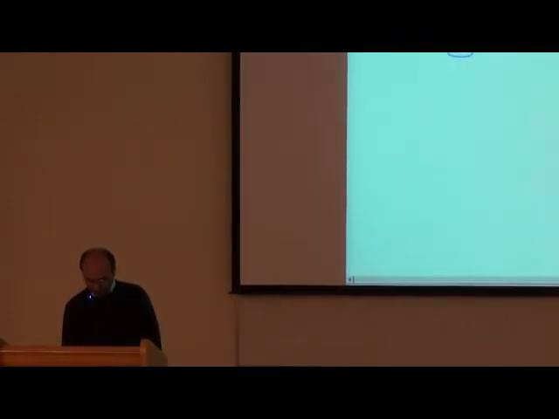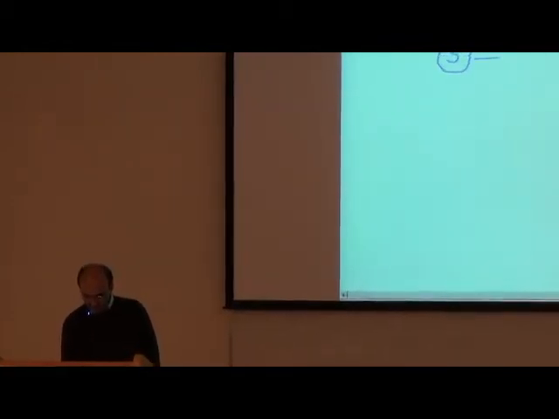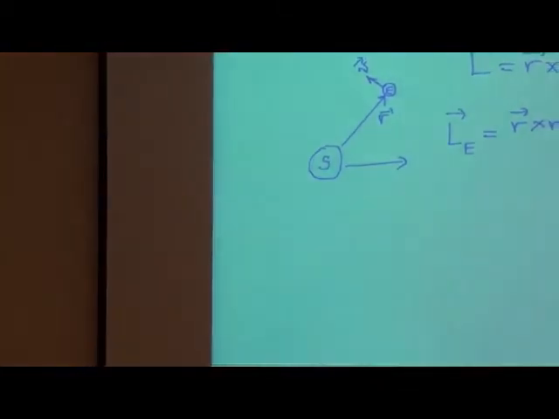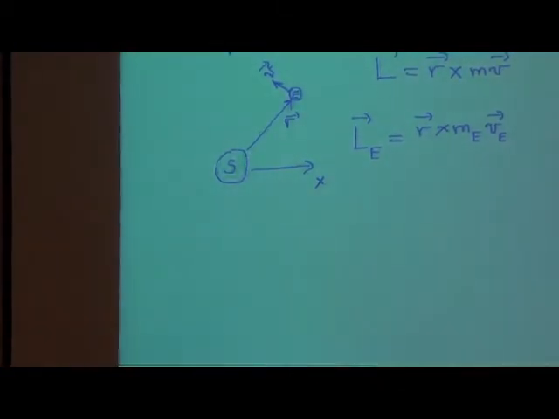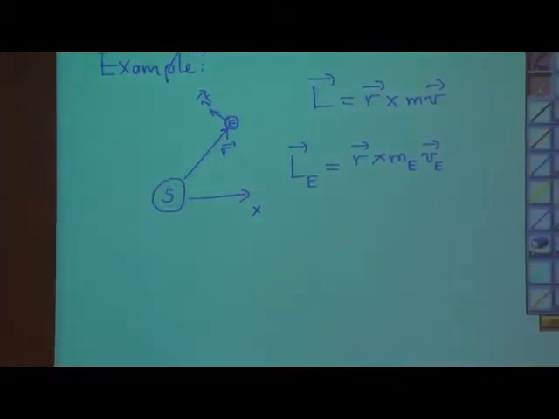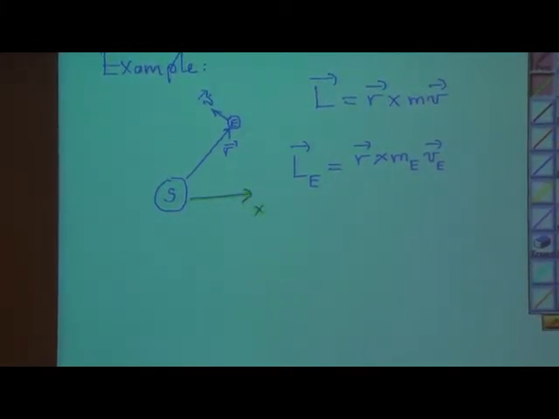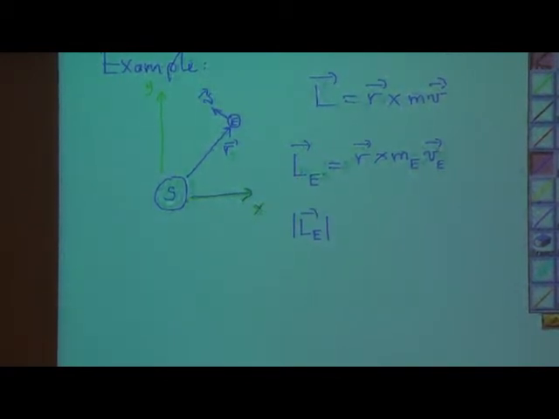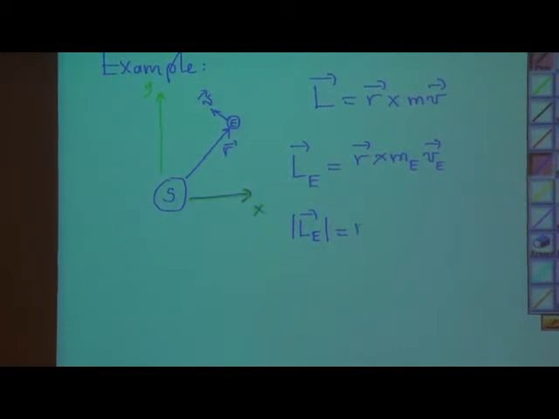Now the magnitude, let's put this axis of rotation into an XY coordinate system. Here is X, let's say here is Y. The magnitude, let's determine this very quickly, is the distance between the two.